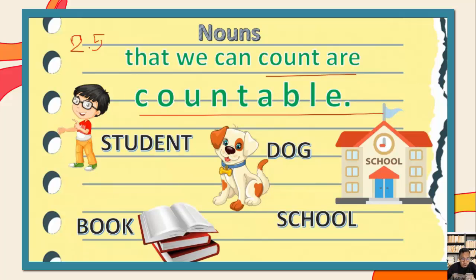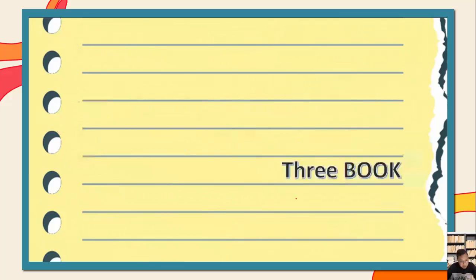And how many dogs do you have at your house? For example, you have 2 dogs and I have 5 cats. Okay, so you can count dog 1, 2, 3, 4, 5. Books. Here, how many books are there? There are 3 books, so you can count 3 books. There is 1 school, so these are countable nouns.